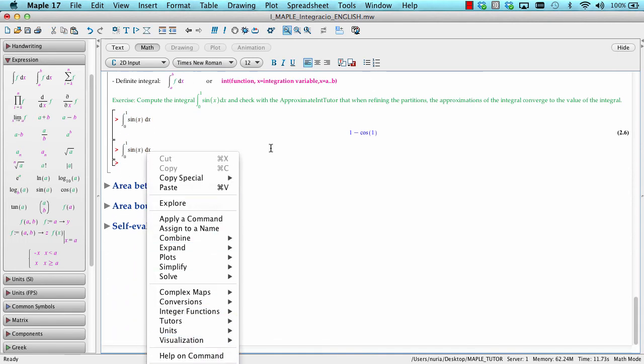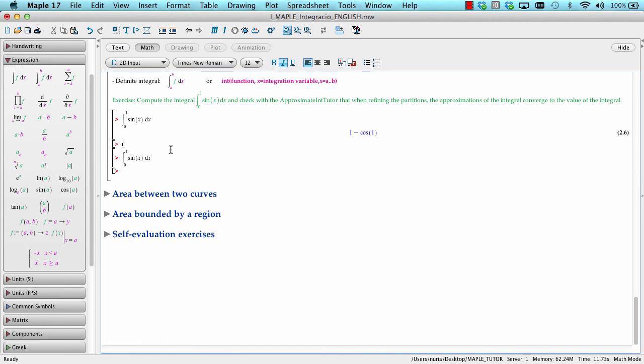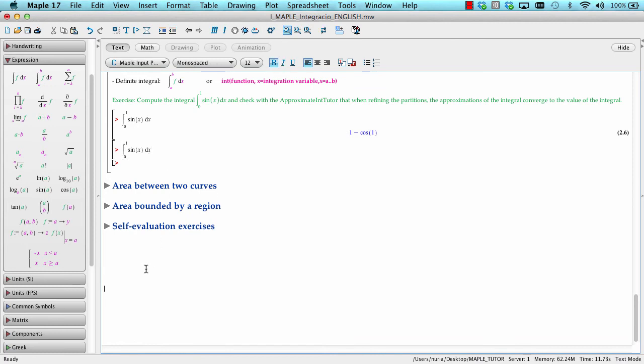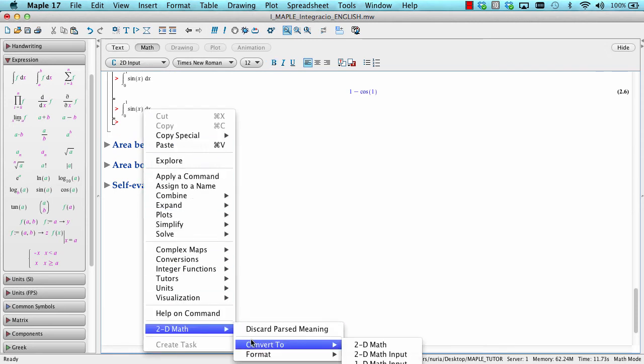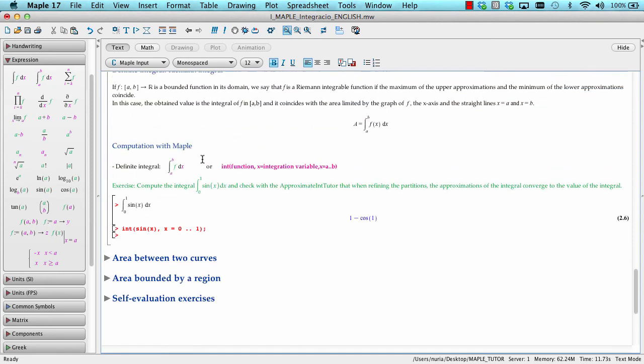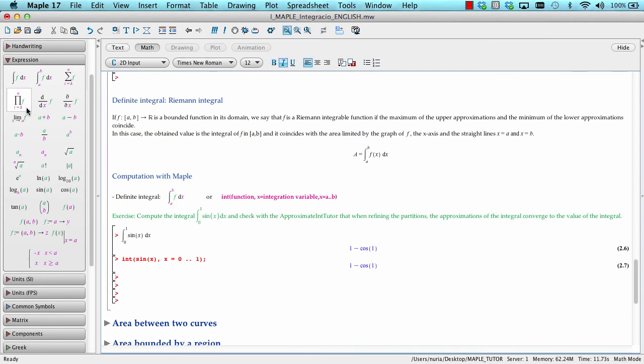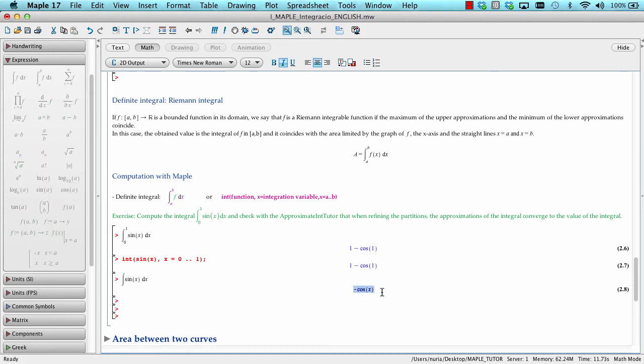What is the Barrow rule telling us? I'm going to show you the Barrow rule. Let's convert this to 1D. So what is the Barrow rule telling us? That if we want to compute a definite integral, I just have to compute an antiderivative. In this case, the antiderivative is minus cosine of x.